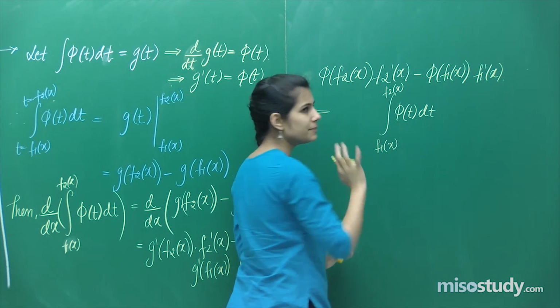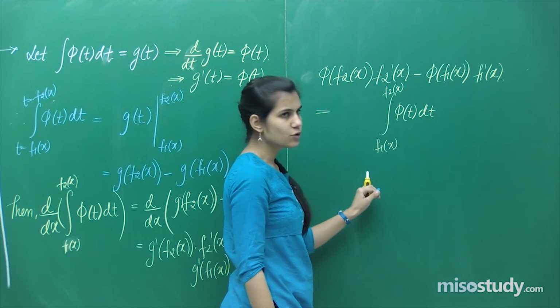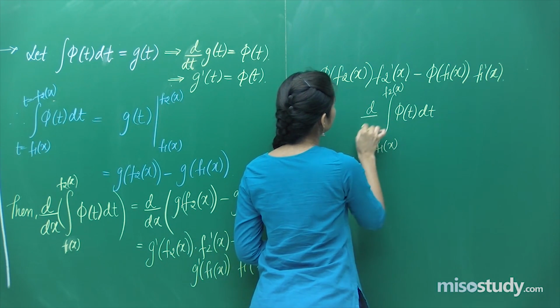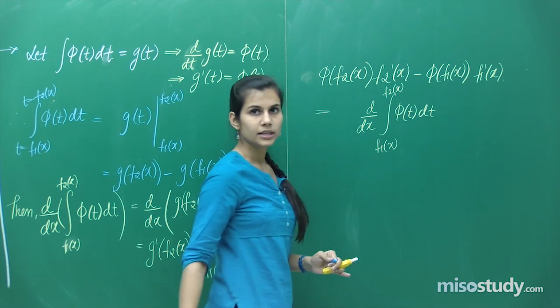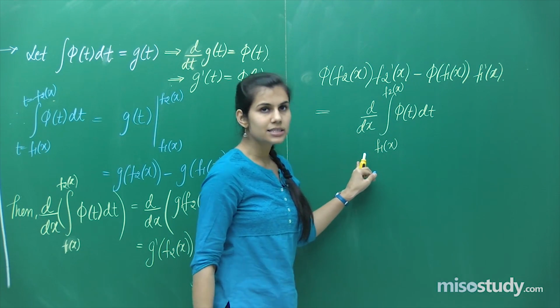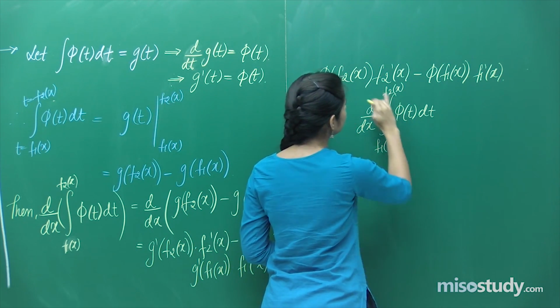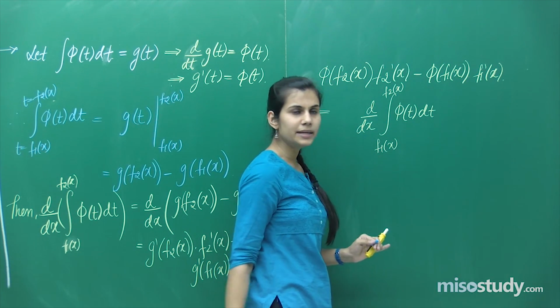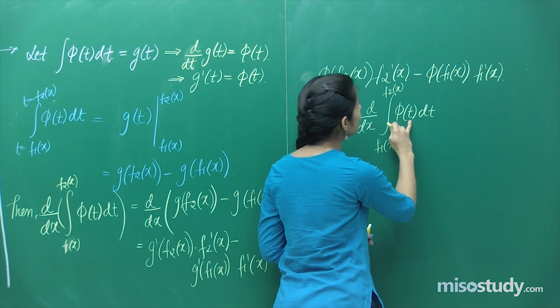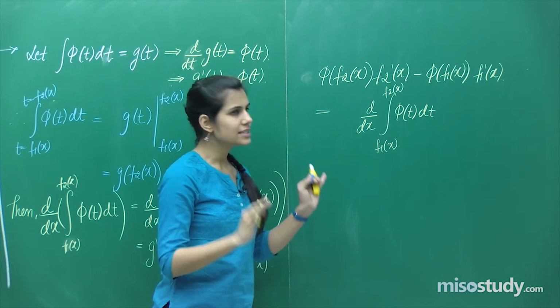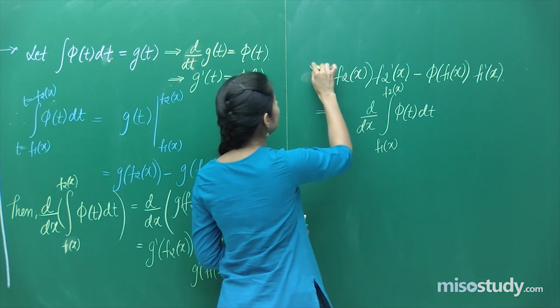Once you have applied the limits and got the final answer in terms of x, after that, differentiate. Either you work like this, or you directly replace t by the upper limit multiplied by the derivative of the upper limit, minus phi of t replaced by the lower limit multiplied by the derivative of the lower limit. Both these are going to give you the same thing, a very beautiful formula.